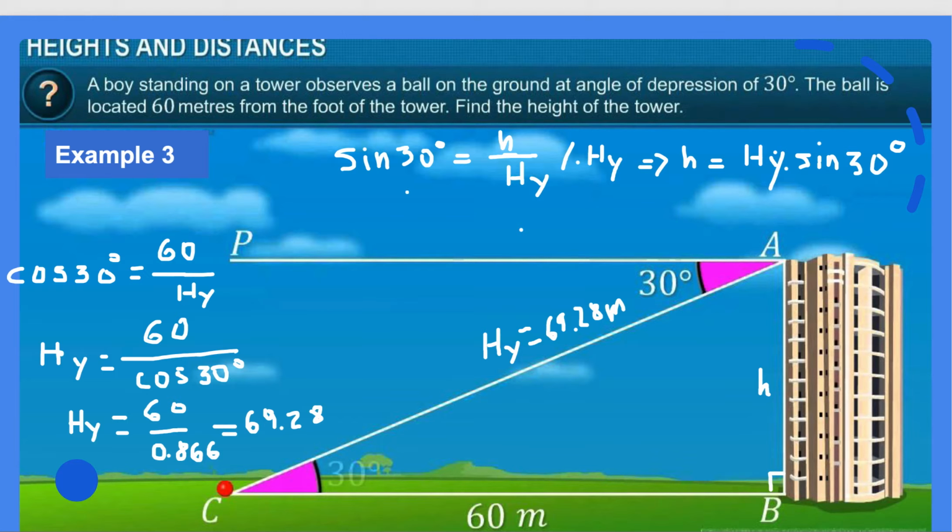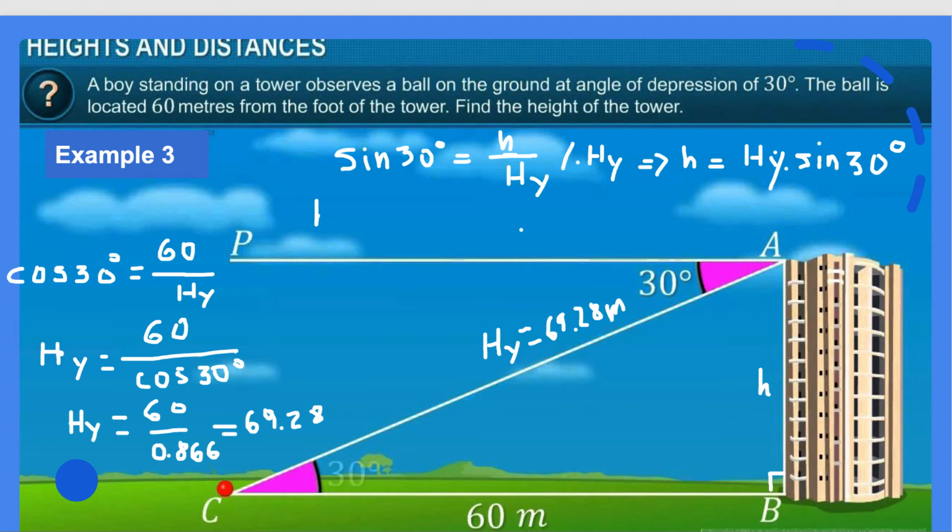As a shortcut, we are just switching the position and putting HY in front. The HY times HY cancels, and HY times sine 30 is HY times sine 30.